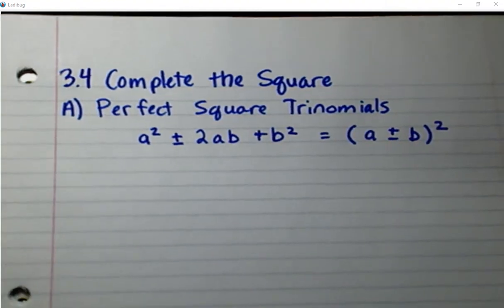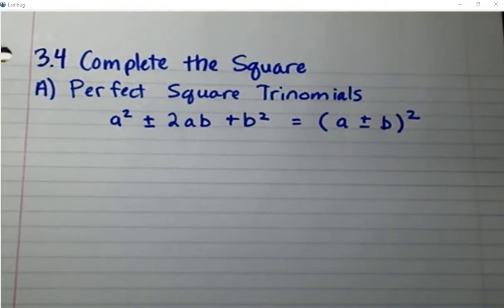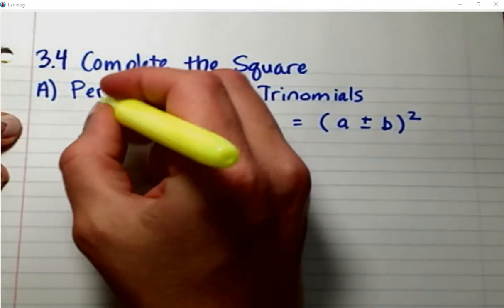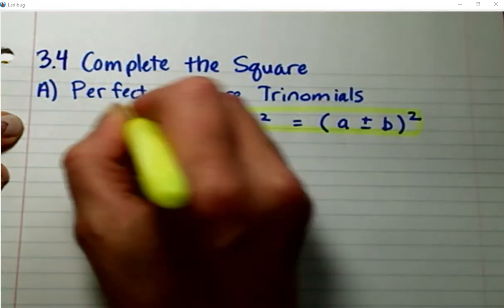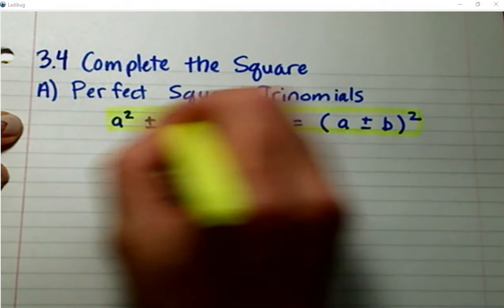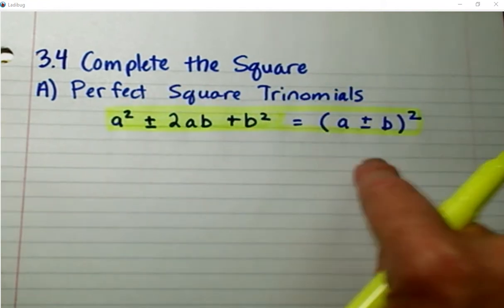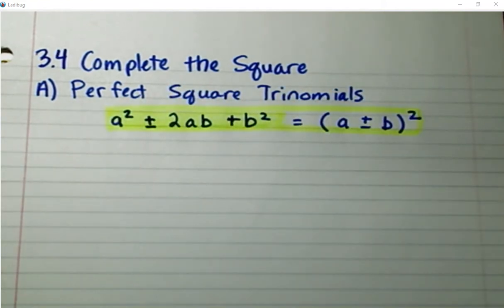That comes from the factoring lesson. Notice that I just included the plus or minus in the same expression here. This is a perfect square trinomial because it factors to the same factor twice. That's why it's a perfect square trinomial.